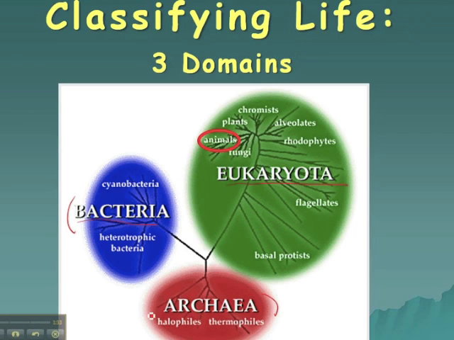The archaea are extreme bacteria. Basically that means that they live in very extreme environments. And these have been more recently discovered in the past couple of decades. I never learned about these when I was in high school, and they keep learning more and more about them.